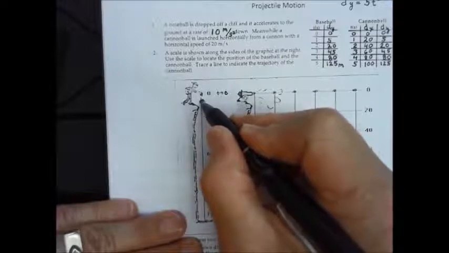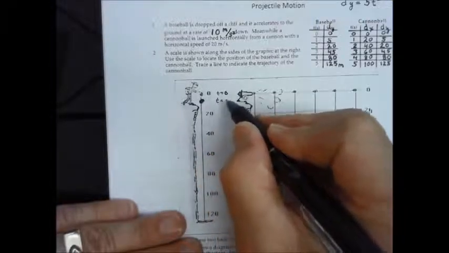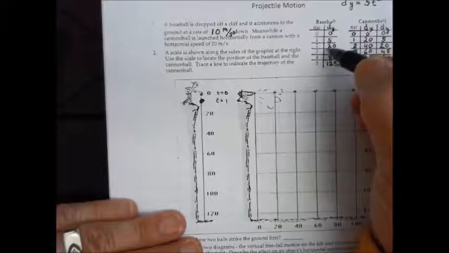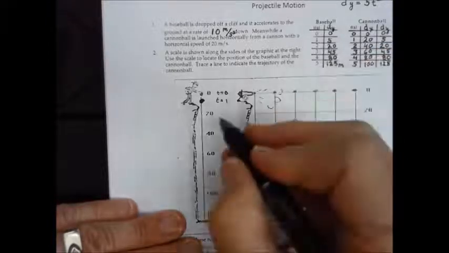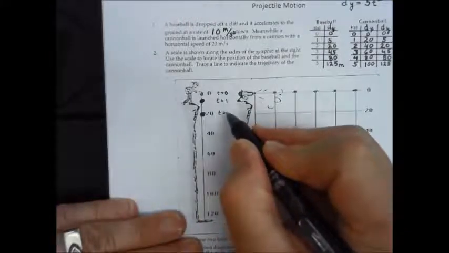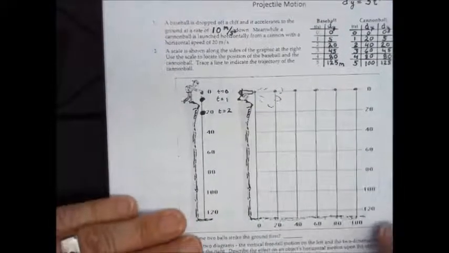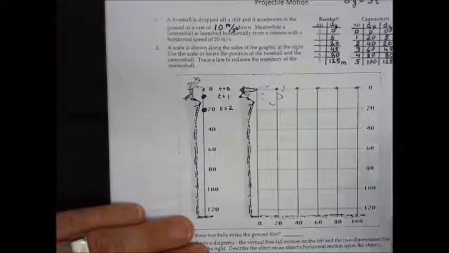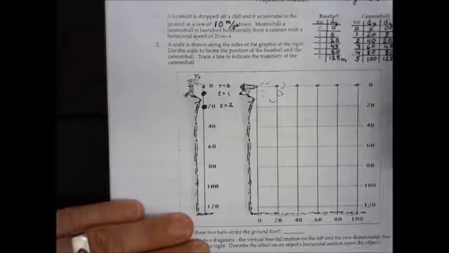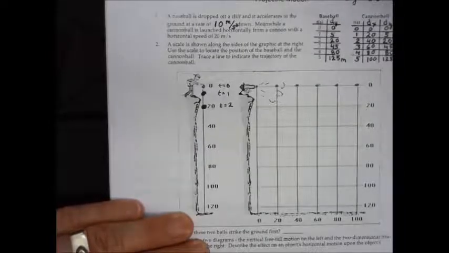Here's the baseball at 5 meters at t equals 1. And then we're going to show the baseball at time equals 2 here at 20. Okay. Why don't you stop the video and go ahead and plot where the baseball is for t equals 3, 4, and 5.